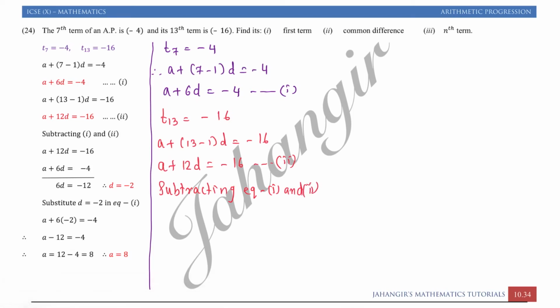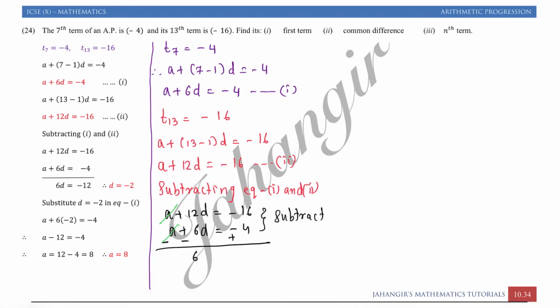So when we are subtracting, we will write A plus 12D is equal to minus 16, and A plus 6D is equal to minus 4. We are subtracting, so we are going to change the sign. A and A will get cancelled.